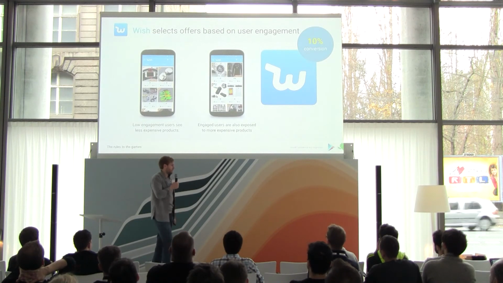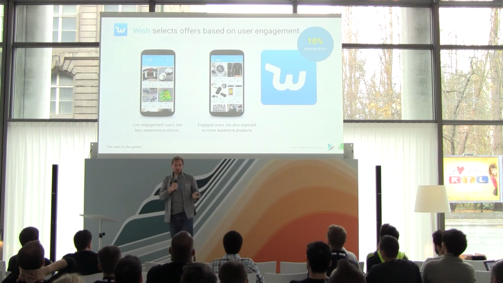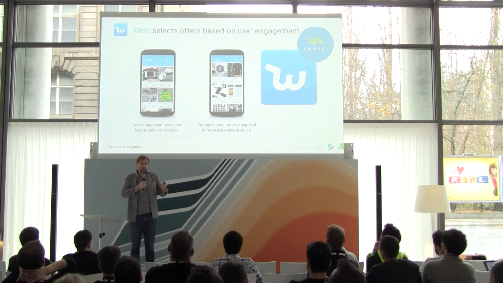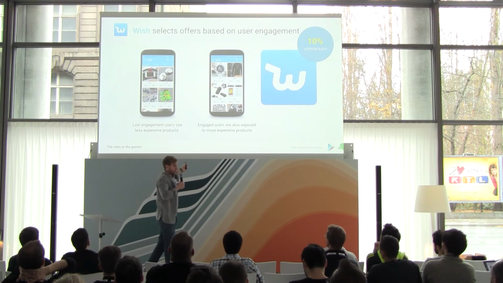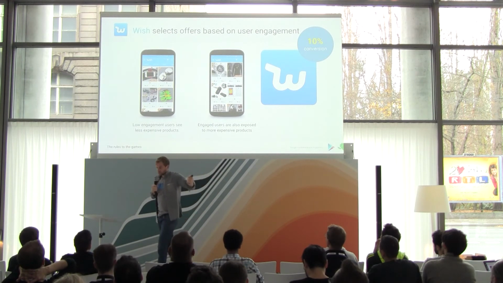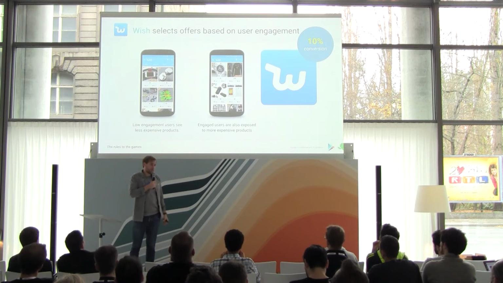And again, an example from the apps world: Wish, which is a shopping platform, applies this kind of logic or rule, whatever you want to call it. Basically they have low engagement users who don't come back that often, so they're not very engaged, and they show them less expensive products.